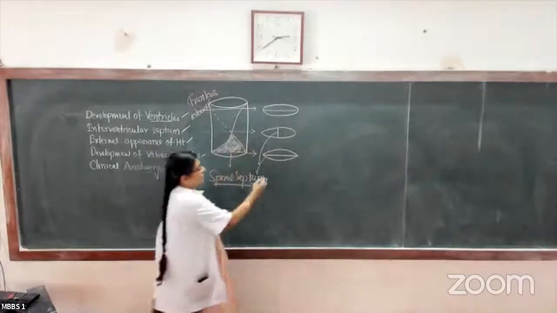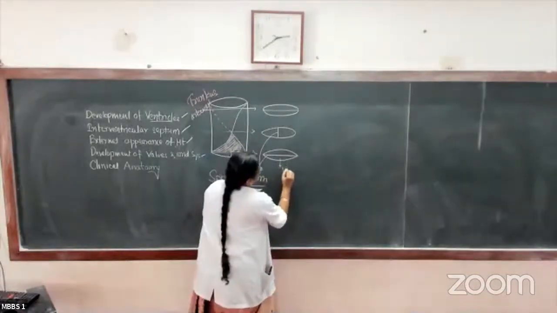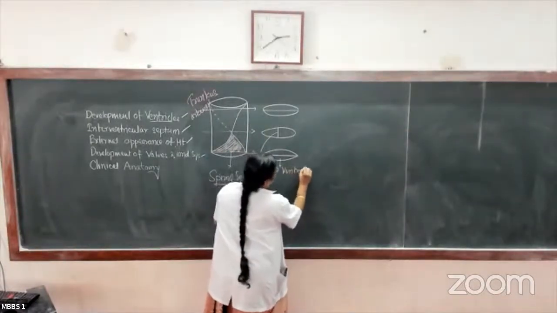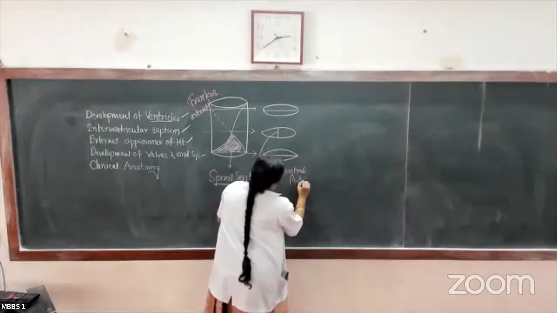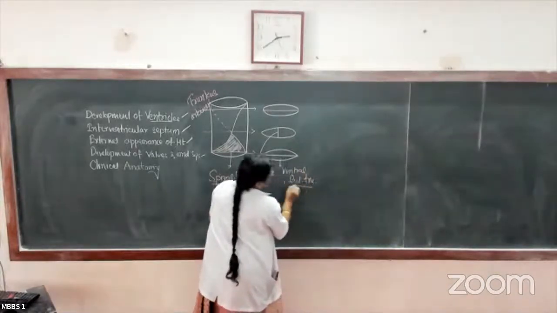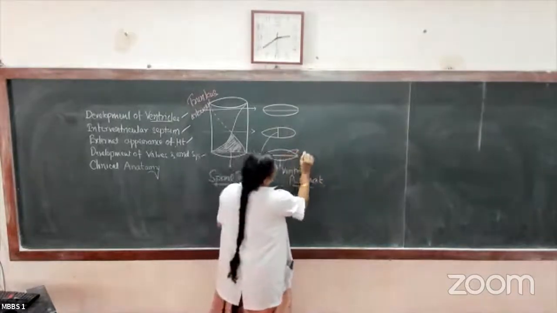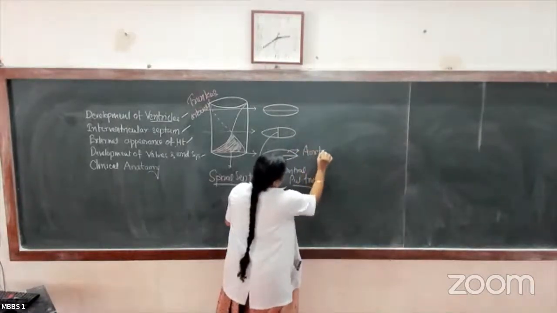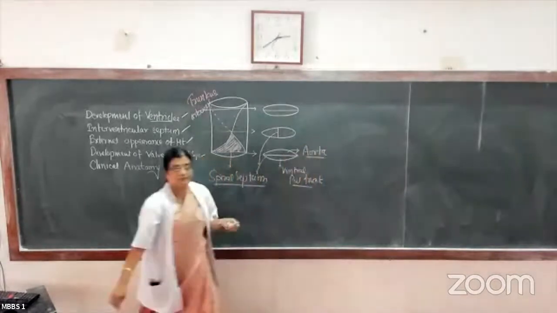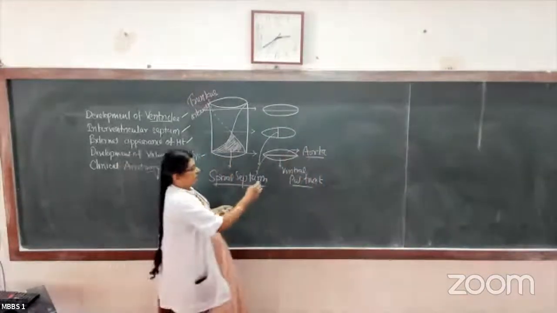So here the anterior or ventral portion forms the pulmonary trunk. This portion will form the aorta, the ascending part of the aorta.